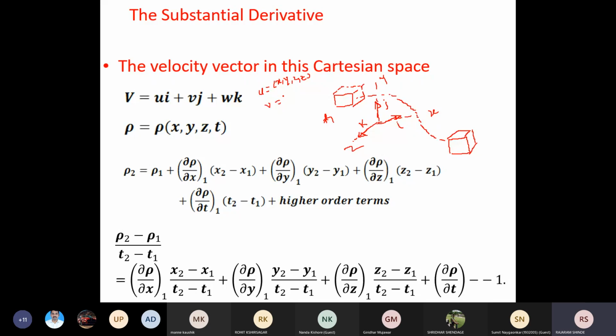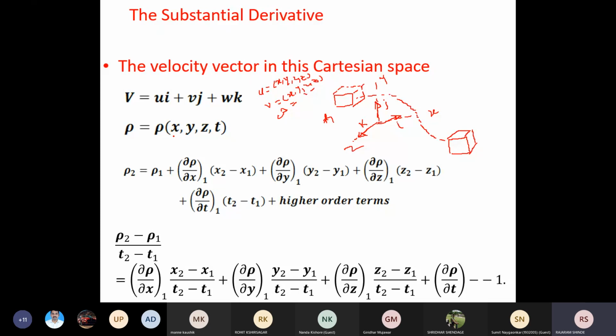It is a function of x, y, z, and t. w is also the same. It is a function of x, y, z, and t. In addition to this, I am going to take density. This is rho. It is also a function of x, y, z, and t. That means it is also changing from point to point.